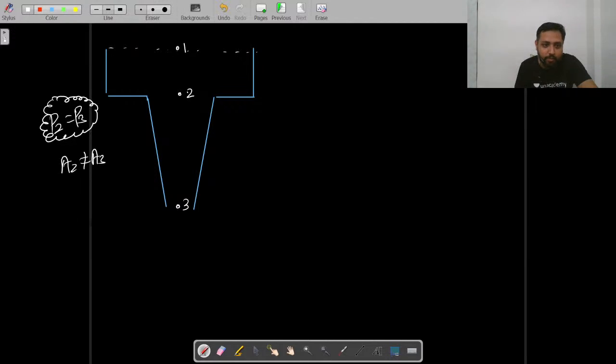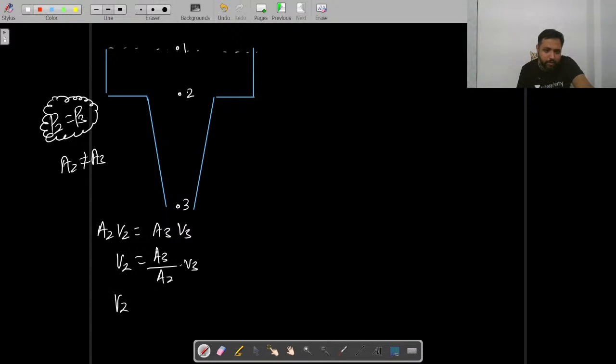So P2 is equal to P3, A2 is not equal to A3, so if you apply the continuity equation, A2 V2 is equal to A3 V3. A2 and A3 cannot be cancelled anymore. So what we can write is V2 is equal to A3 upon A2 into V3, and let us say V2 is equal to R V3, where R is the area ratio A3 upon A2.